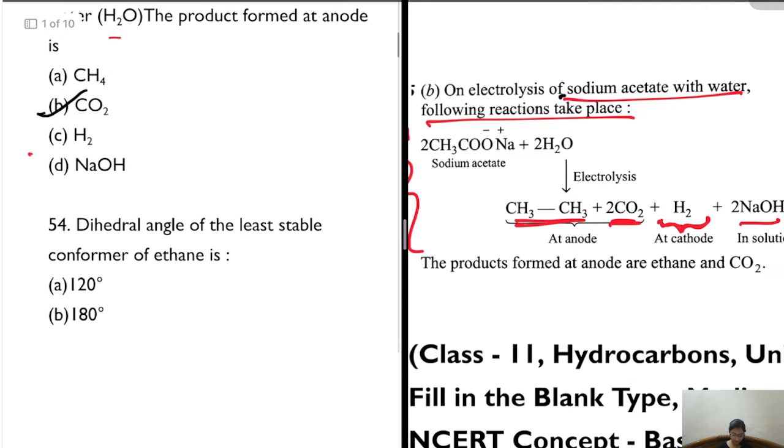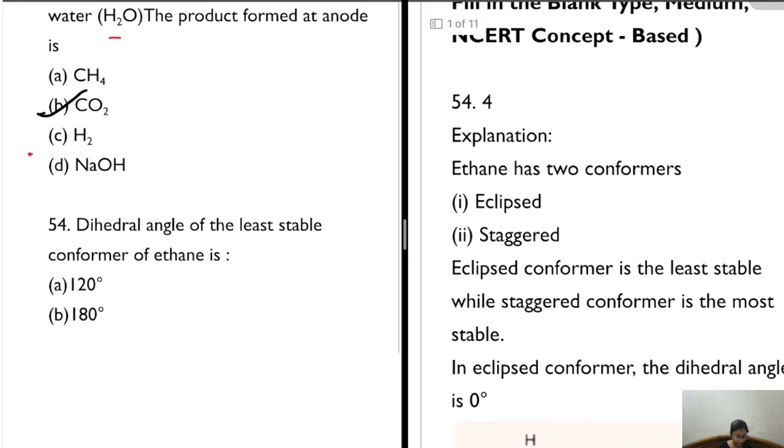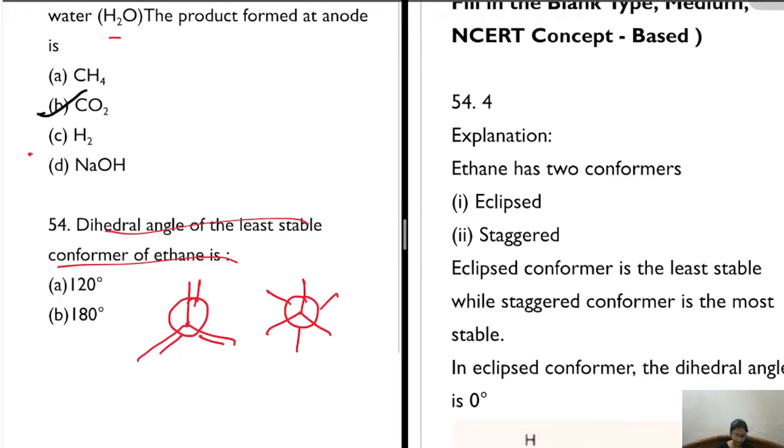Now let's see the next question. We already know the answer to this one: the dihedral angle of the least stable conformer of ethane. We have already drawn the Newman projection. This was the eclipsed and this was the staggered form. Here the angle of rotation is 0 degree and it is unstable, the least stable.